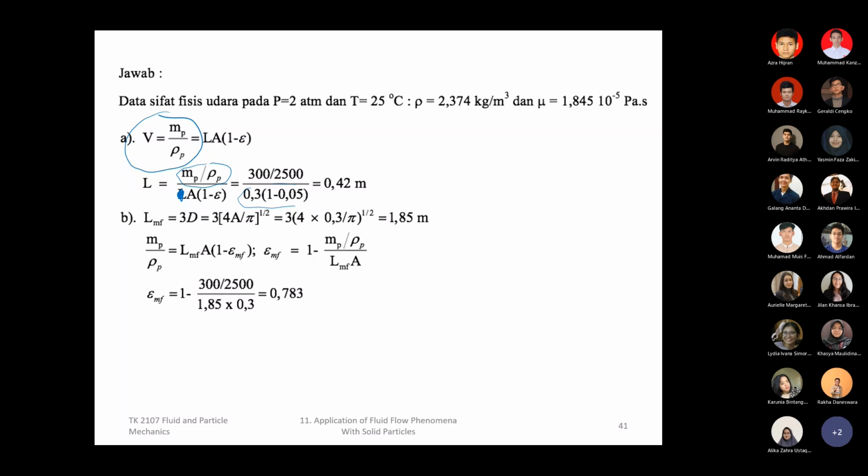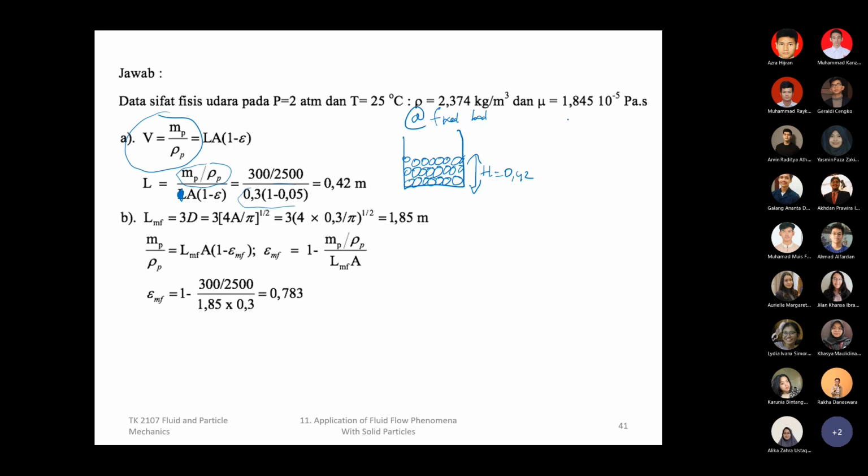So before being fluidized, at fixed bed condition, if you measure strictly on the correlation between the amount of the particle, your height will be 0.42.